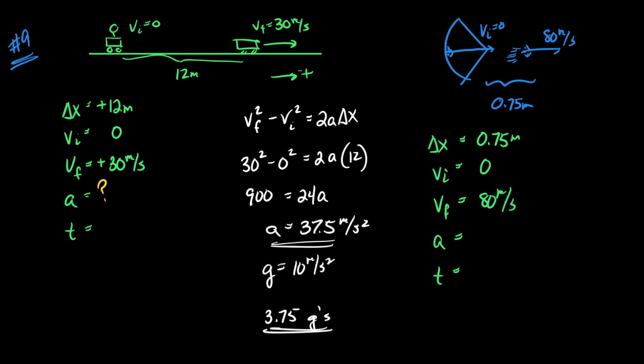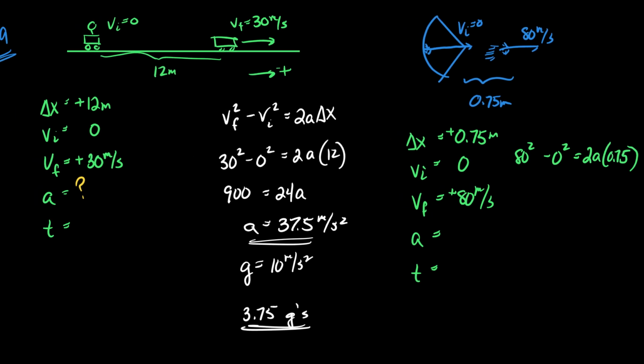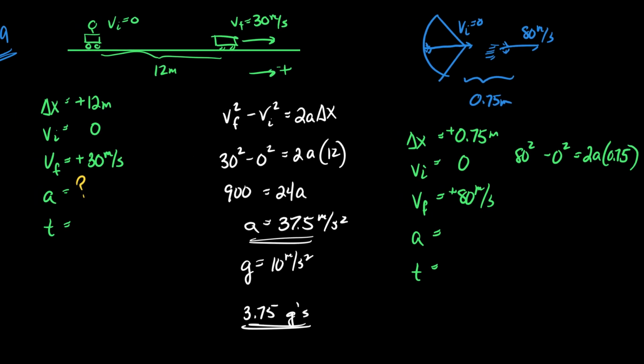What direction do you want to make positive? To the right or to the left? So positive and positive. All right, so I'm going to use the same relationship. 80 squared minus 0 squared equals 2a delta x. 80 squared is 6,400, and that equals 1.5a.